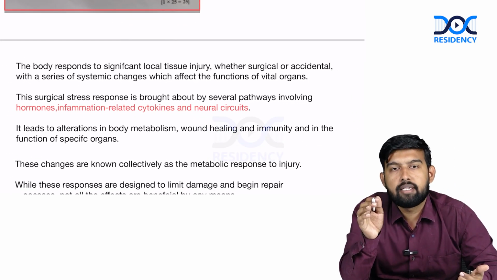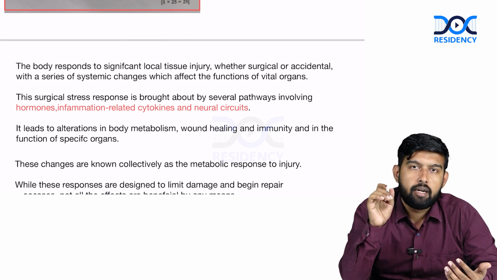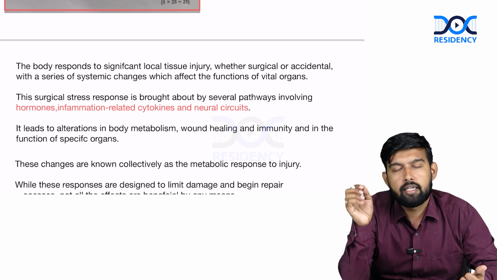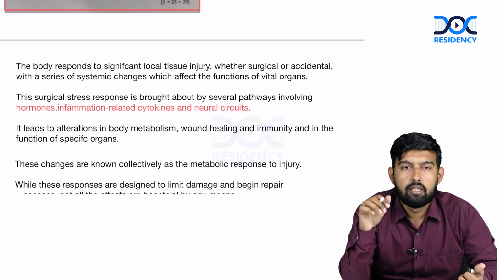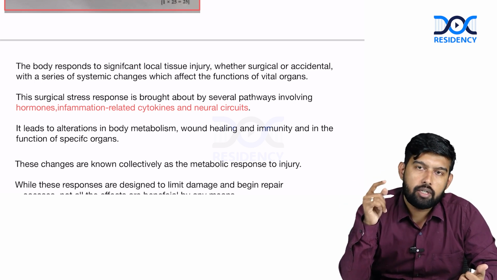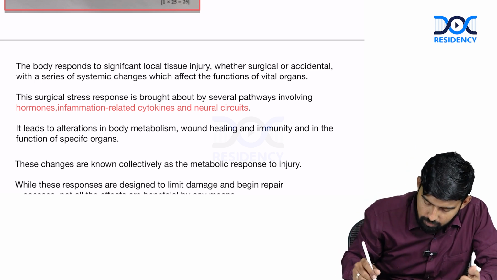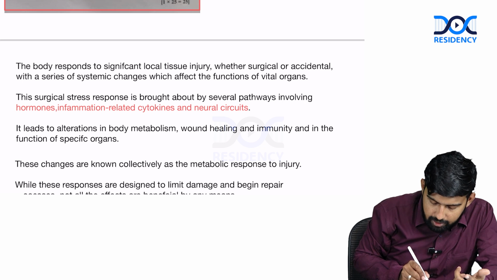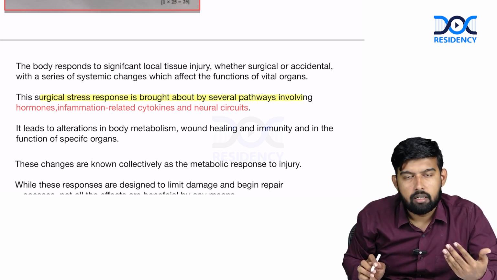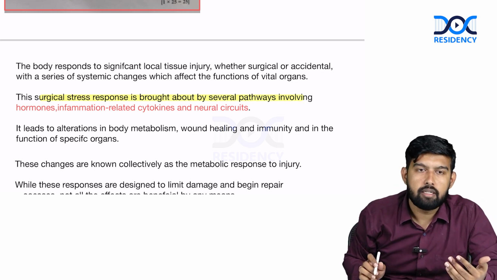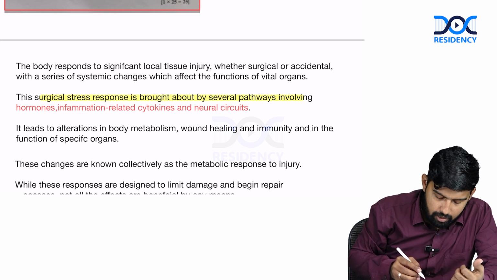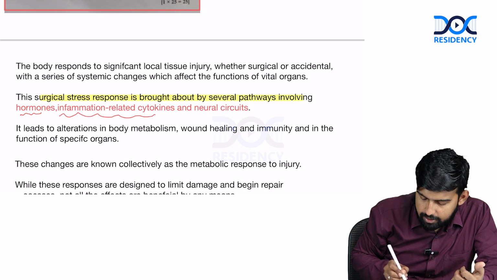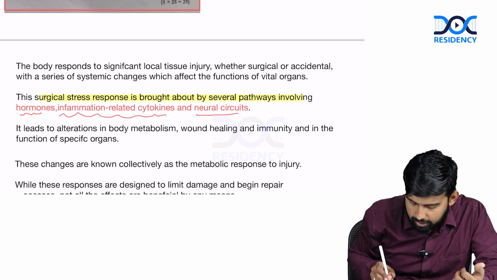So metabolic response is basically the response by the body to any tissue injury, whether surgical or non-surgical, which affects the function of the vital organs. This surgical stress response can be brought about by several pathways involving hormones, inflammation-related cytokines, and neural circuits.